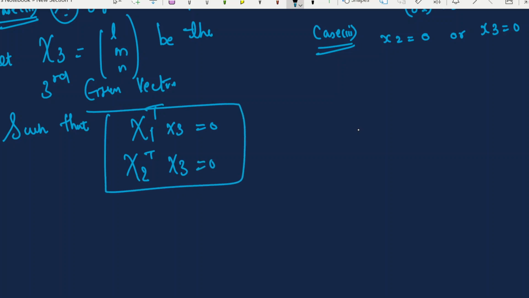This is the condition for finding the third eigenvector. This is applicable for symmetric repeated eigenvalues. That's all, this is the procedure. Now we will see the problems.